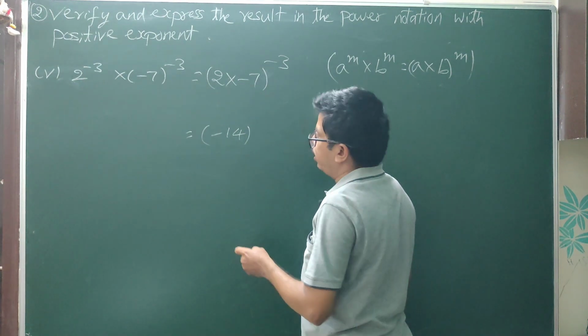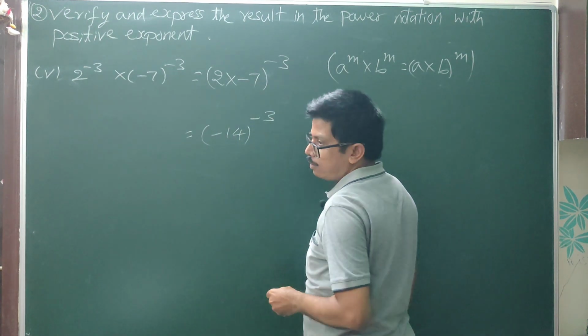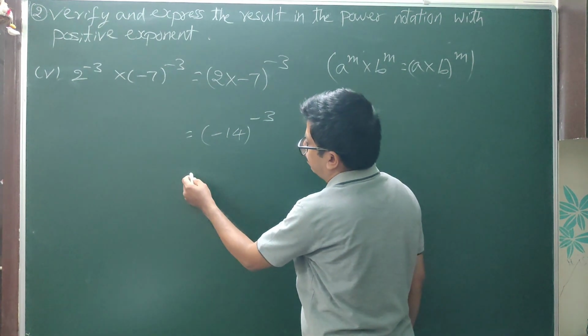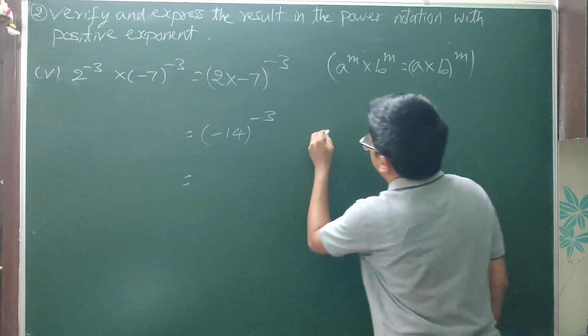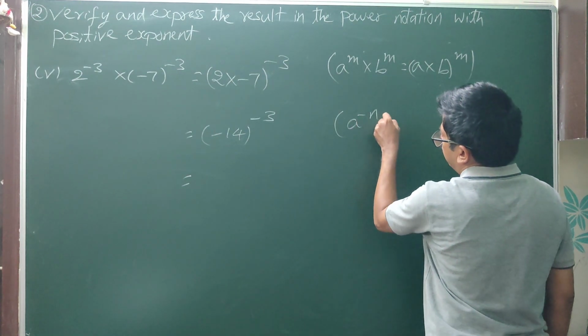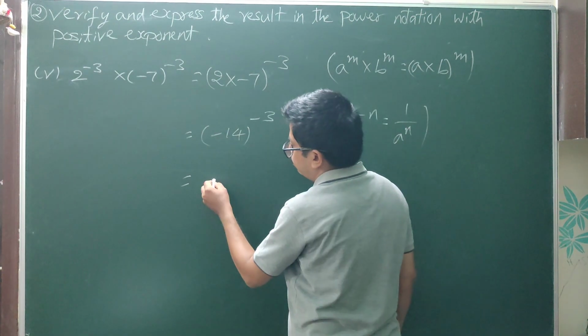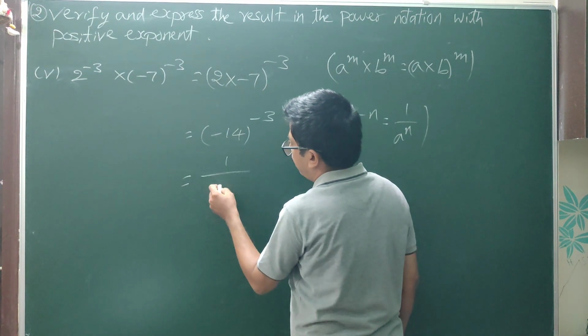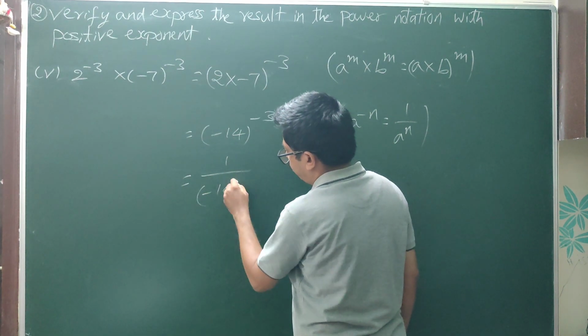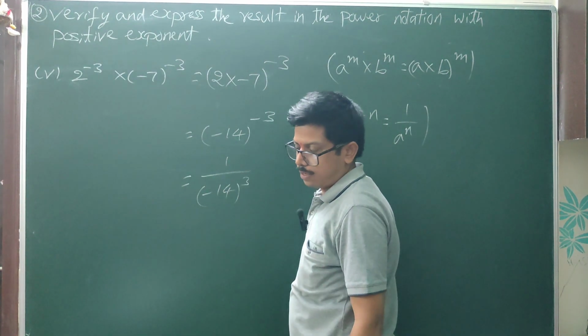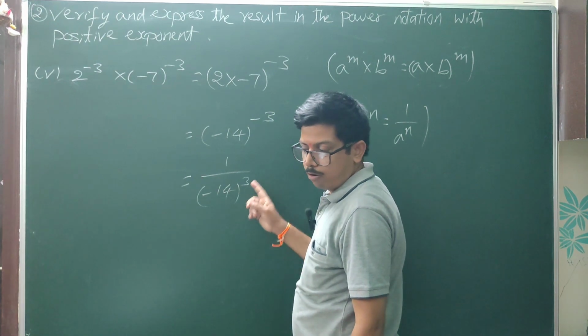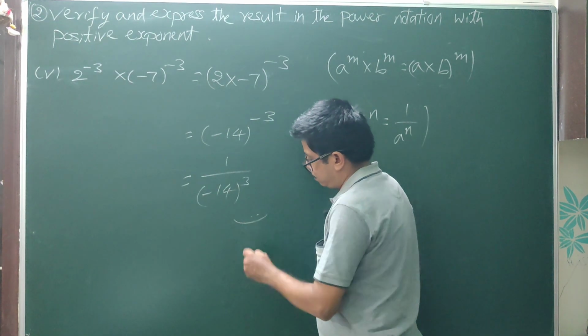So minus 14 whole power minus 3. Again, a power minus n equal to 1 by a power n. So 1 by minus 14 whole power 3, which is 1 by minus 14 whole cube, is the answer.